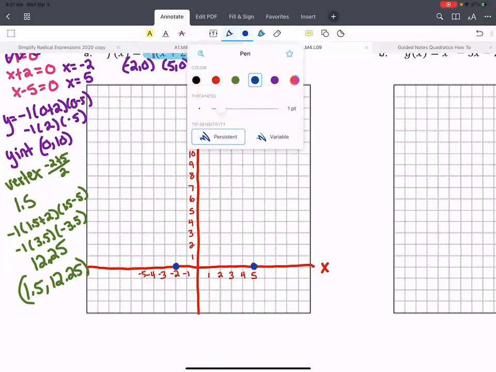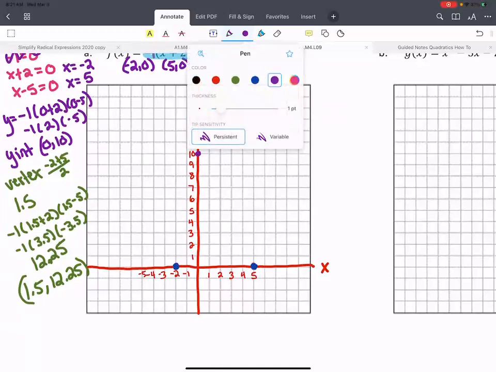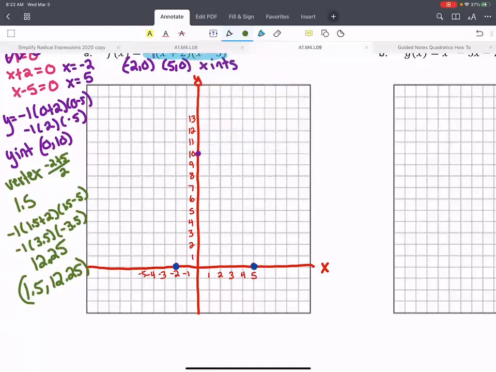Okay. The next point I want to put on is my y-intercept. That's at 0, 10. Right up there. Then I want to put my vertex on. And we said that's at 1.5 and 12.25, which is a really kind of hard thing to graph, but right about there.